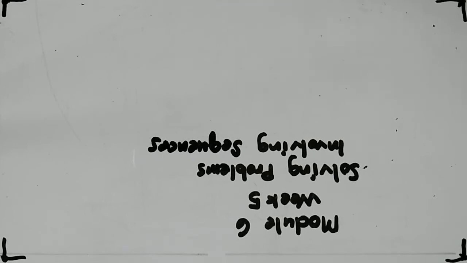So, gawin ninyo itong guide, yung video, yung process kung paano ko ginawa yung solving para magawa din yung nasa worksheet niyo. So, simulan na natin. So, isulat ko lang yung problem.